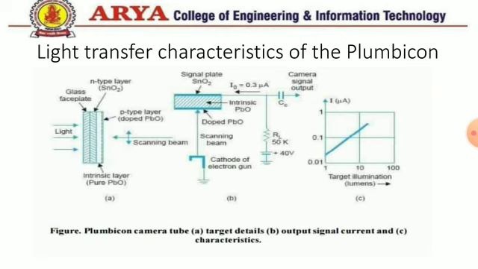After that there is the intrinsic PbO layer. PbO means lead monoxide. So the intrinsic layer is lead monoxide, after the SnO2, and after that there is the third layer, that is the P type PbO layer.